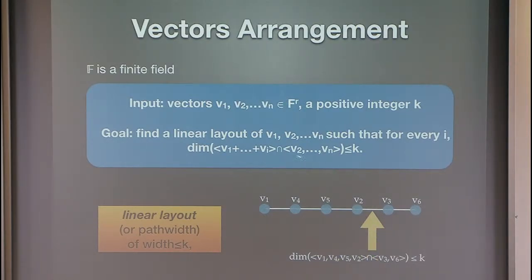What do I mean that the order of this gap is small? Take the subspace spanned by the first i vectors, and the subspace spanned by the rest of the vectors on the right side of the gap, and look at the intersection of them. We want the dimension of the intersection of the two spaces to be bounded by k.